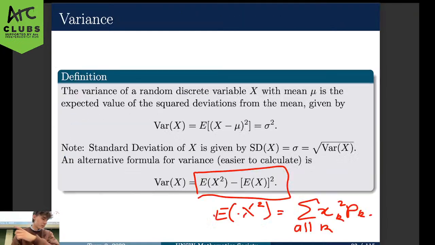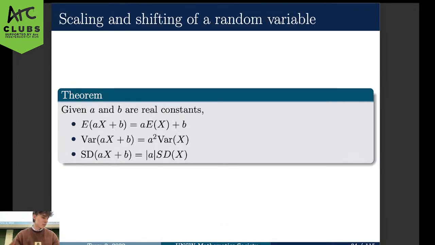And also, the standard deviation is the square root of variance. So given a, b as some real constants, if we scale the random variable, then you can see that the expected value, variance, and standard deviation behave fairly nicely according to this.